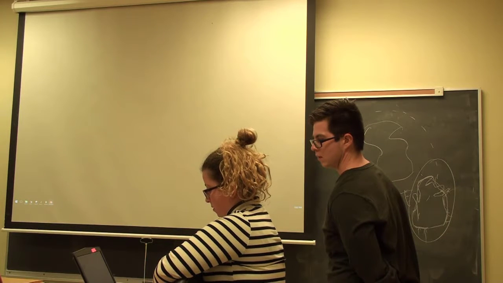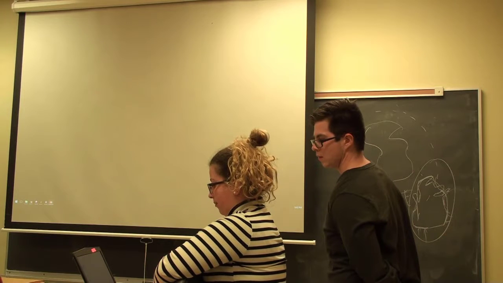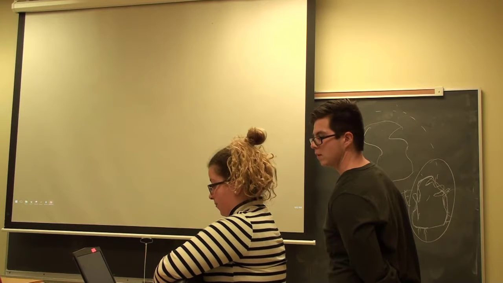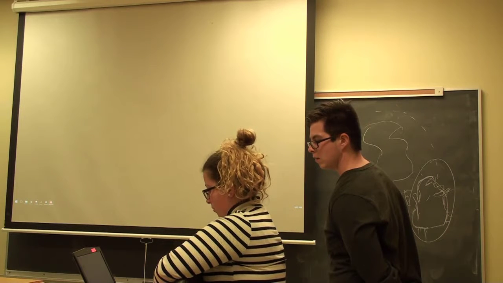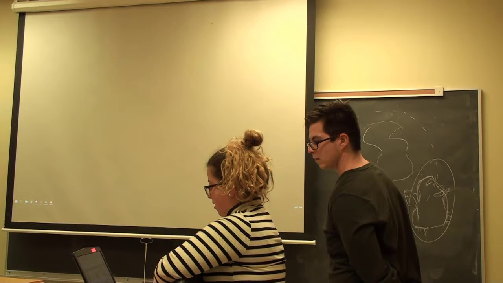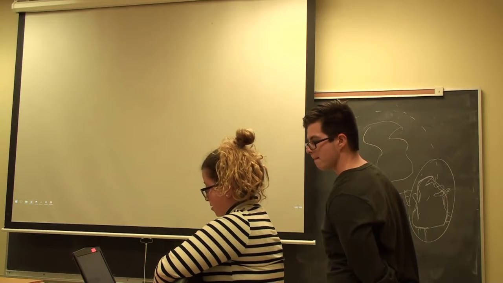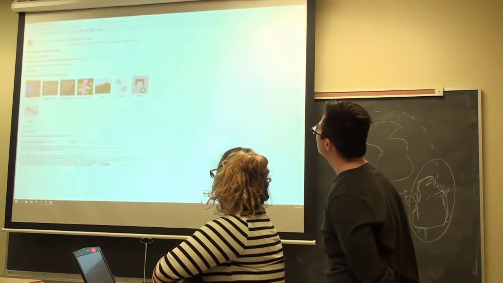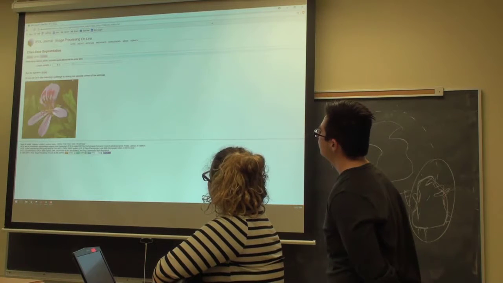Okay, so this example that I just showed you is the segmentation, and now we're going to show you a website we found, how they do it. It runs on their server, so it might take a little bit.